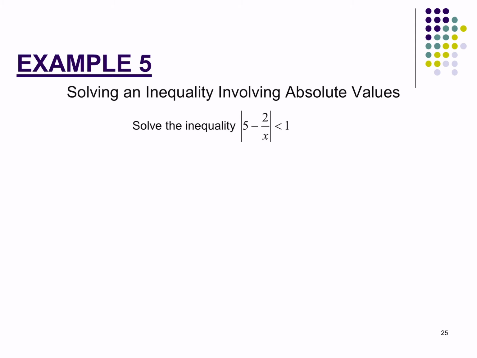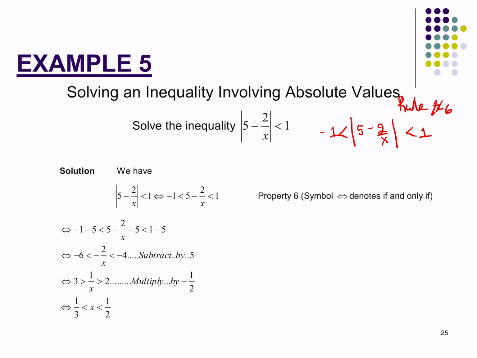So in this case, you will have 5 minus 2 divided by x is less than 1 and also greater than minus 1. If you apply the rule of absolute value number 6 here, you get one side less than 1 and another side greater than minus 1.